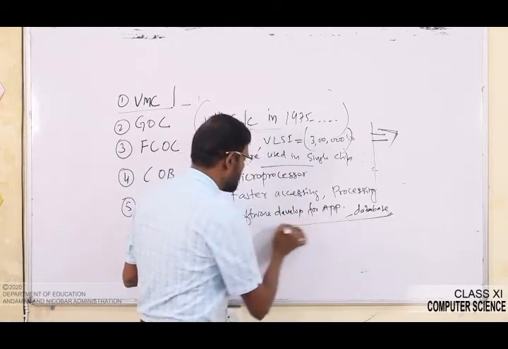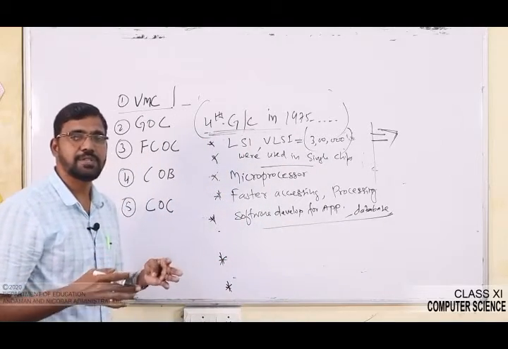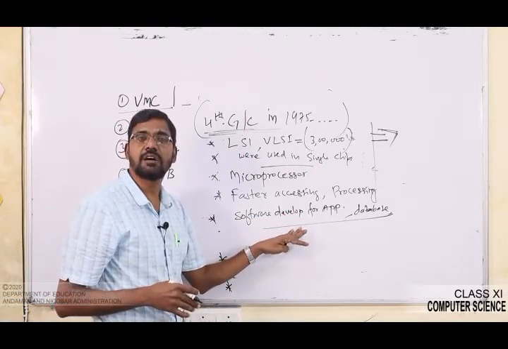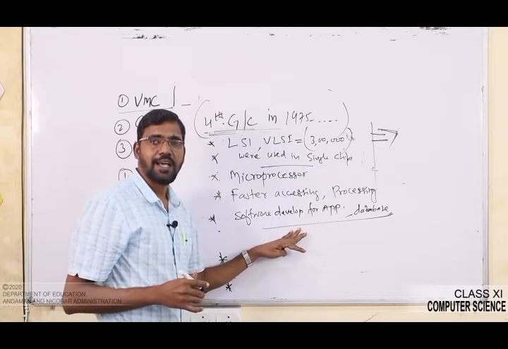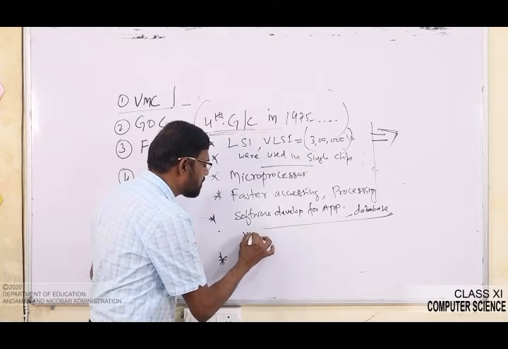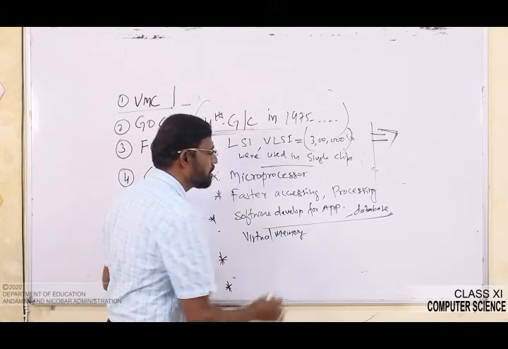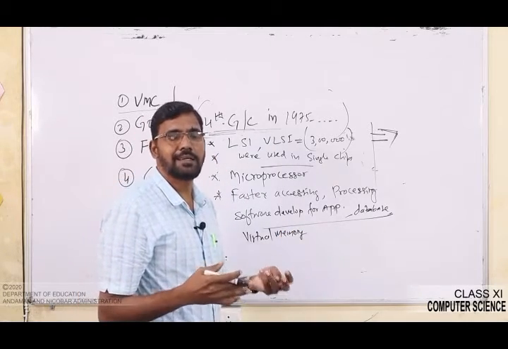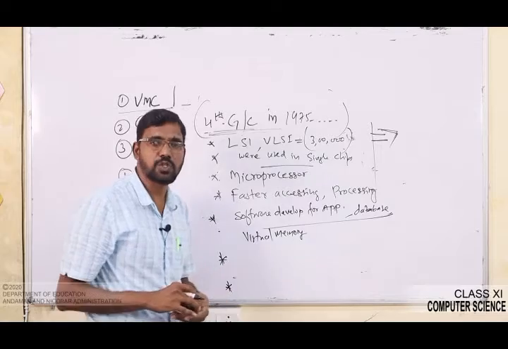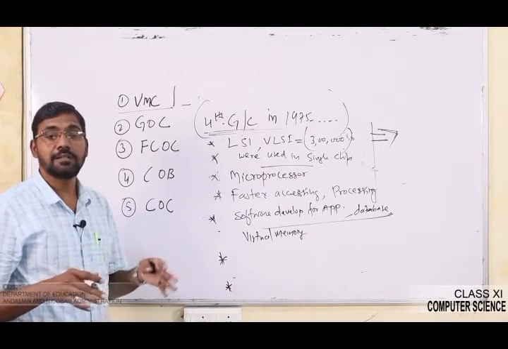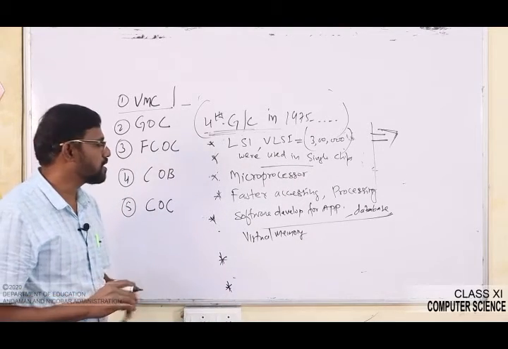Digital India is also moving everything to the database. This database technology is also fourth generation, and also virtual memory. You are storing your entire data in Google Drive also. So, these all developed in this fourth generation.